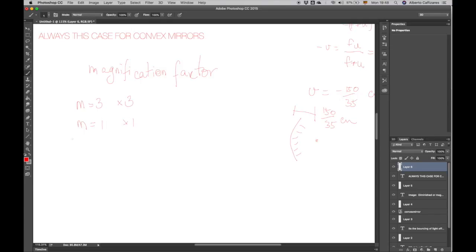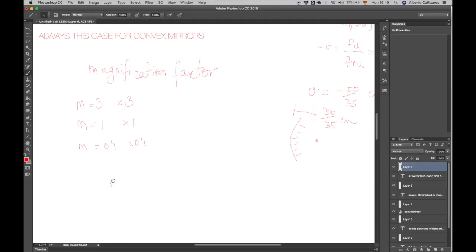And if you multiply by something smaller than 1, say 0.1, it will turn the image into something smaller. So is it going to be bigger than 1 or smaller than 1? Don't worry about the minus signs in this, because it really doesn't tell you anything. You want the absolute value, so the 3, the 1, or something between 0 and 1.